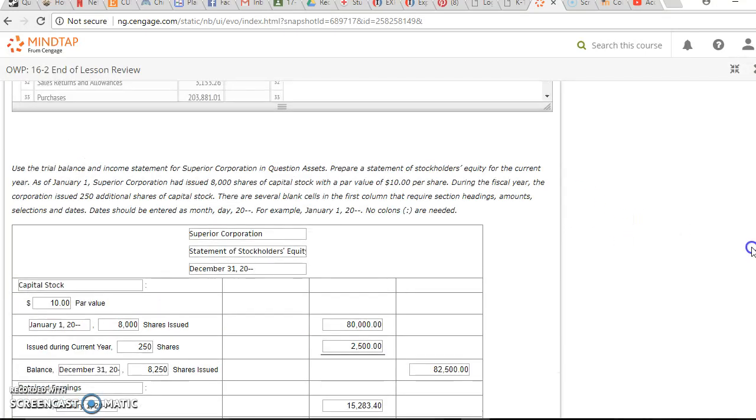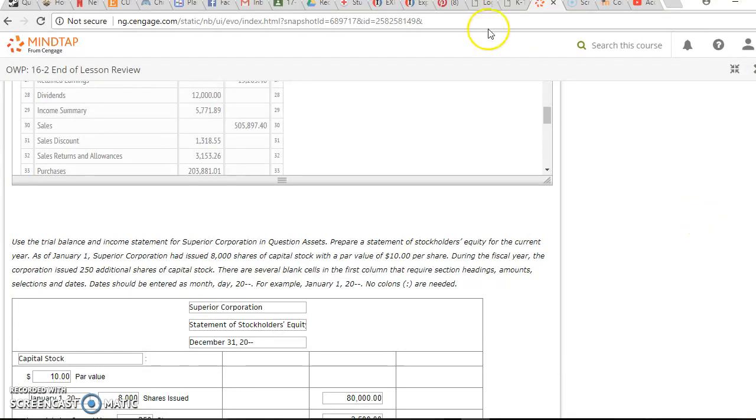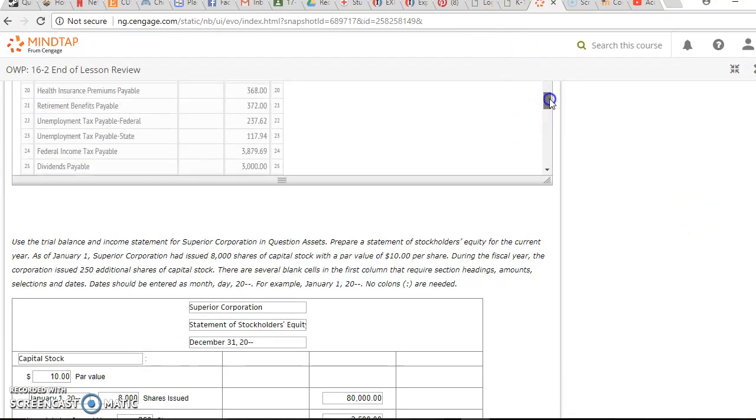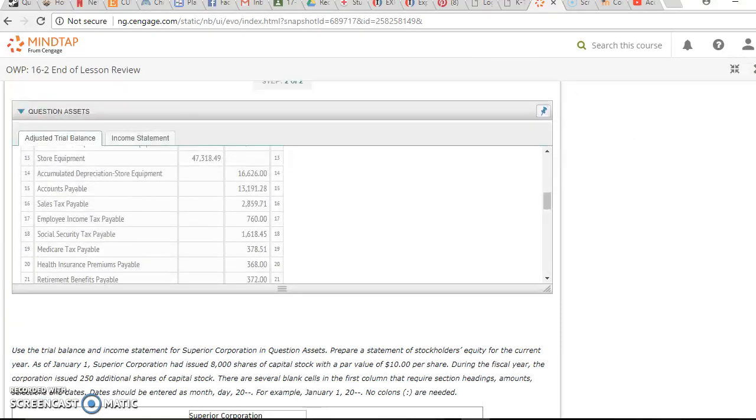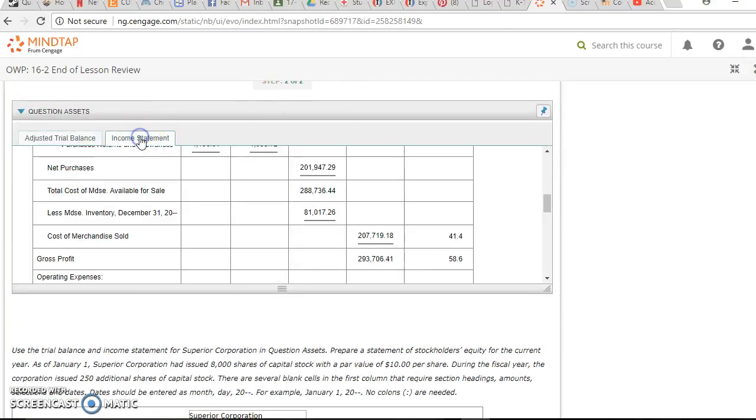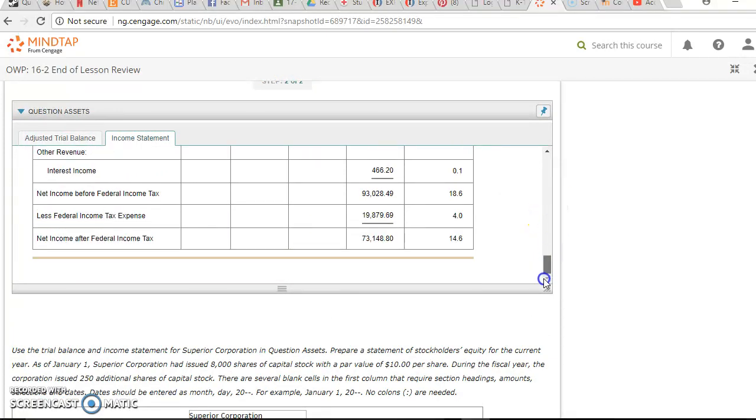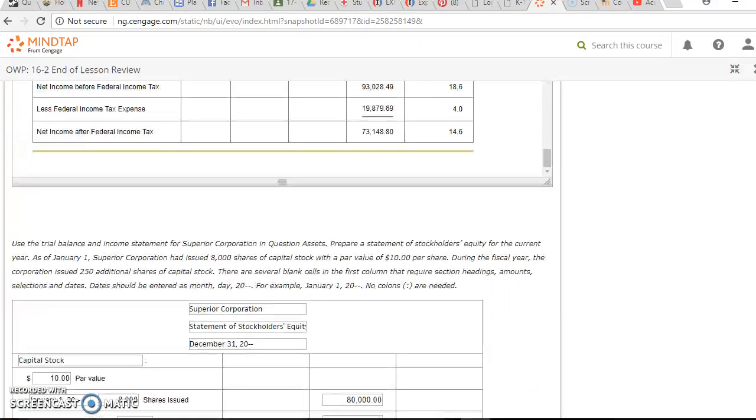Look at an income statement for that. Net income after federal income tax was 73,148.